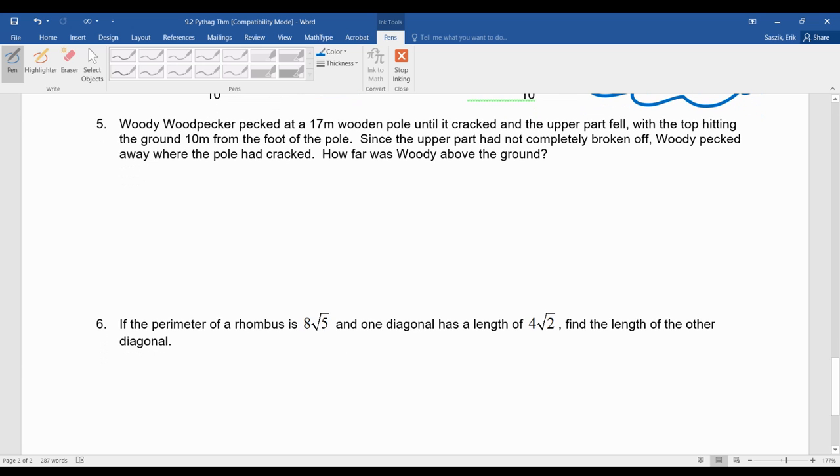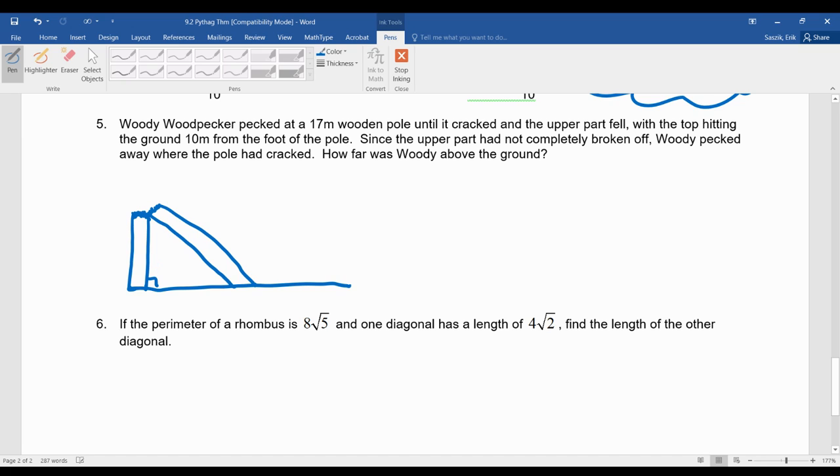Last thing I'm going to do is just draw this thing out. You should pause this and try to do this yourself first. So we have the pole. Woody Woodpecker was standing on the pole, and he was like right here. There's the bird. And that pole broke off and flopped down this way and hit the ground.